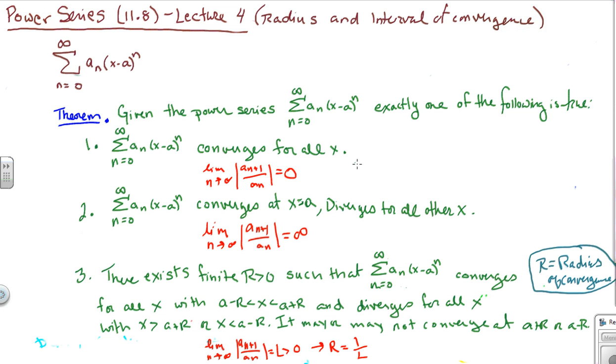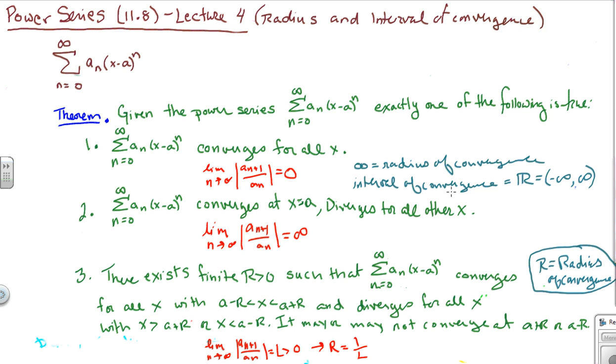In this first situation, we call the radius of convergence, I mean, infinity. It converges for all x, right? Infinity equals radius of convergence. And the interval of convergence is simply all of the real numbers. And we can write that if we want as the interval from negative infinity to infinity to remind you that it's an interval.